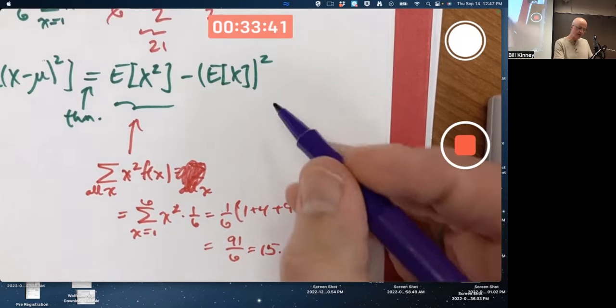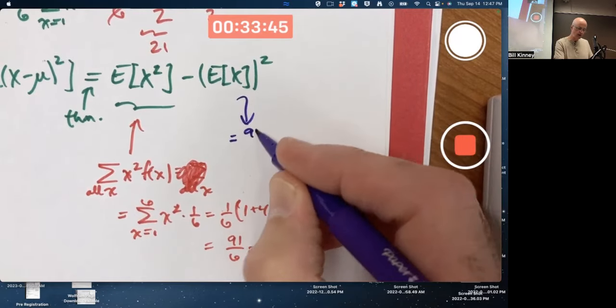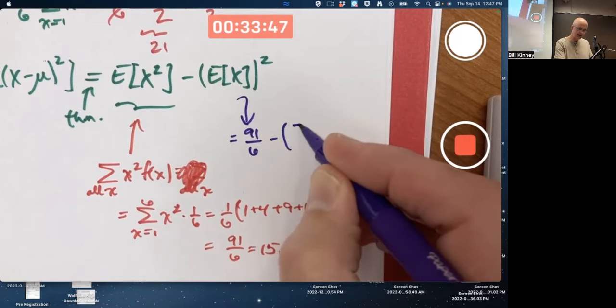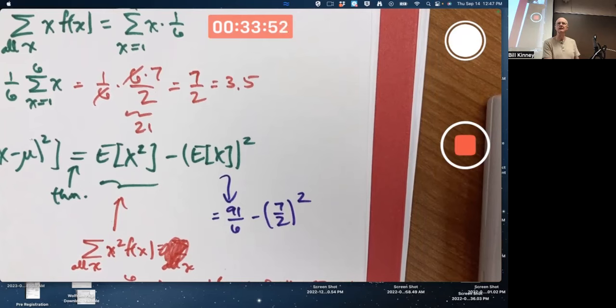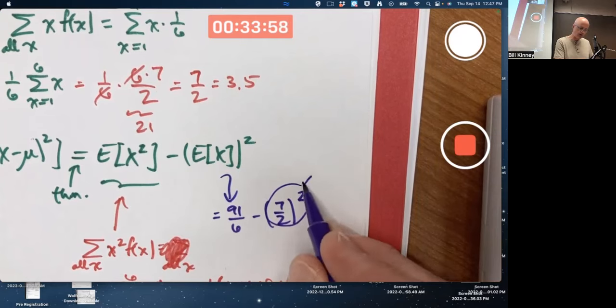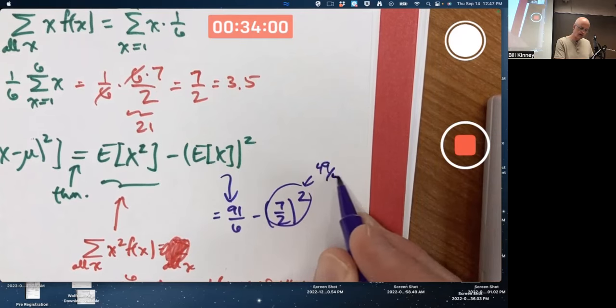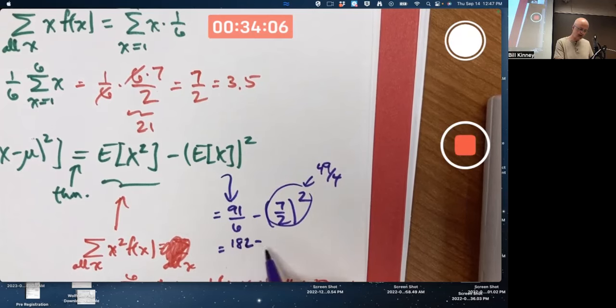So using this formula now, it looks like we get 91 over 6 minus 7/2 squared. 7/2 was the mean. 7/2 squared is 49 over 4. Get a common denominator of 12. We'll get 182 minus 147 over 12.